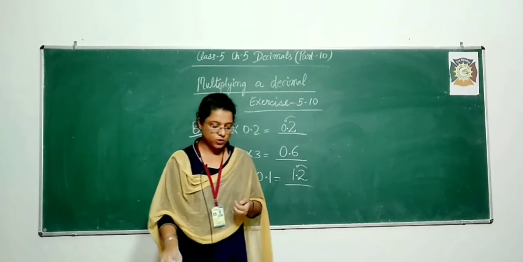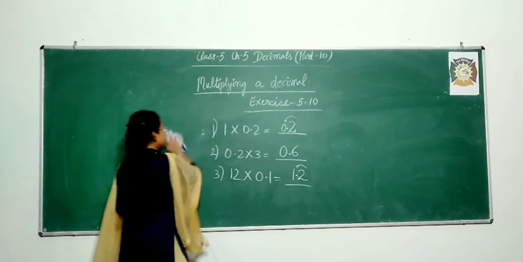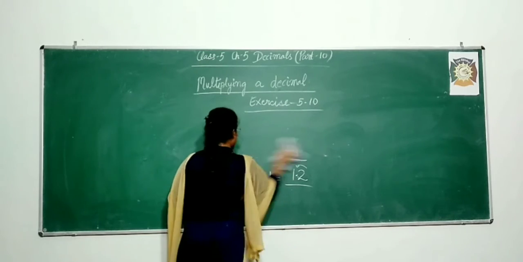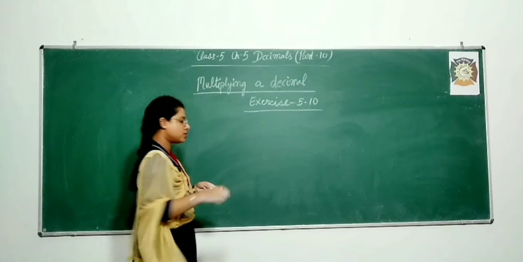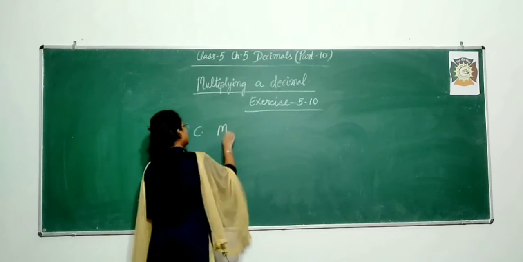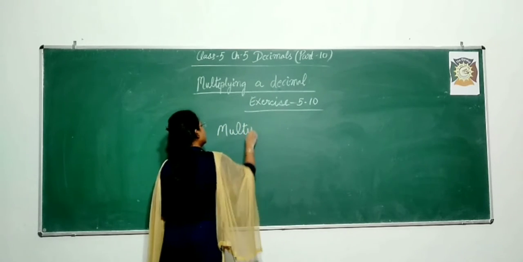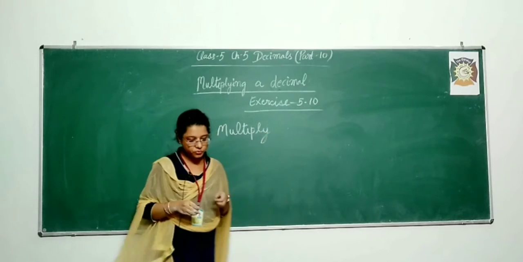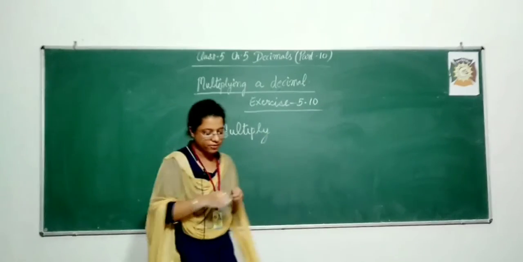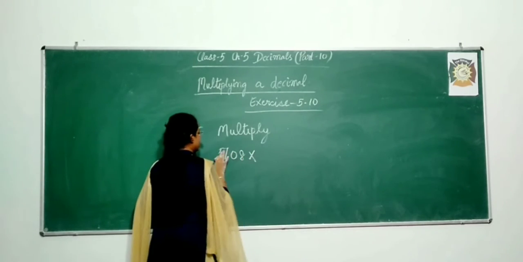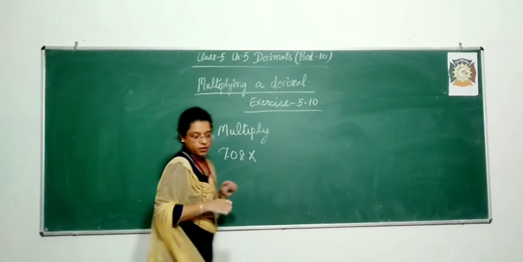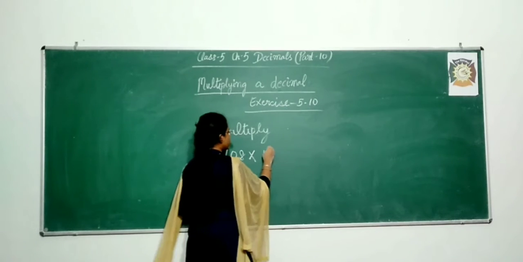Right? Let's do some parts of C part also, in which again you have to do multiplication of decimal numbers. The first part is 7.08 multiplied by 15. So how are you going to do this?